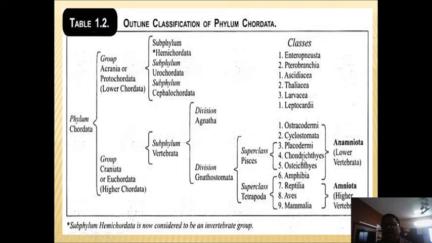These are the cartilaginous fishes, for example Scoliodon sorrakowah. And in Osteichthyes, osteo means bony and ichthyes means fish. They are commonly called the bony fishes.